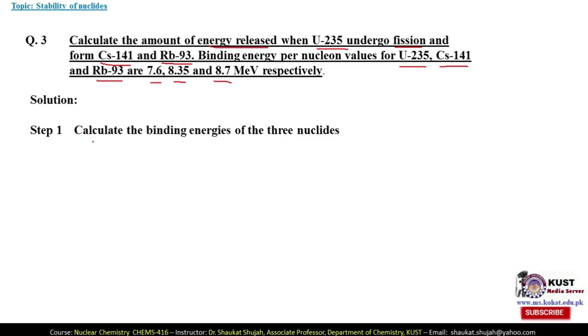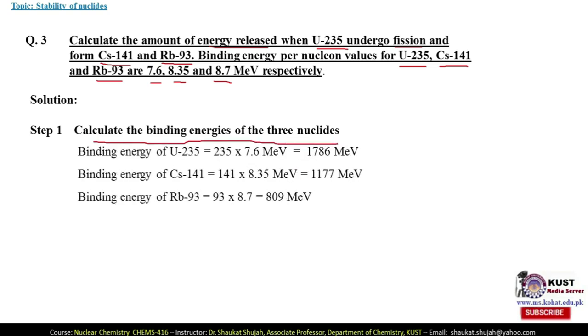So first we will calculate the binding energies of these three nuclides by multiplying their nucleon number with the respective binding energy per nucleon. So in case of uranium, we get the value 1786 mega electron volts.